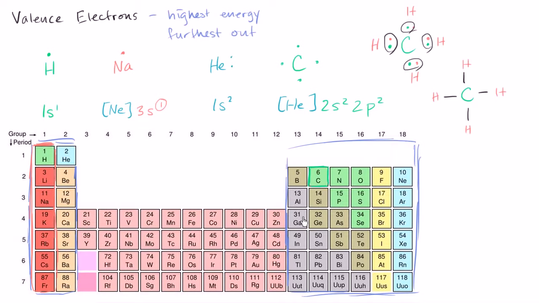And any of the elements in carbon's group are all going to have 4 valence electrons. So, for example, tin. Even though neutral tin is going to have 50 electrons, the valence electrons, the ones that are going to react, are going to be the 1, 2, 3, 4 in its outer shell.